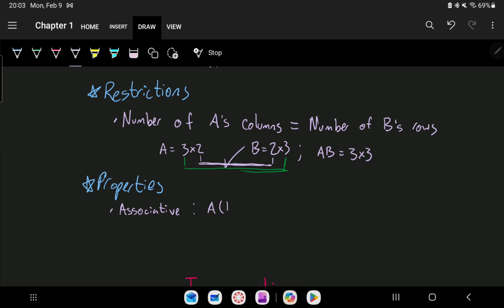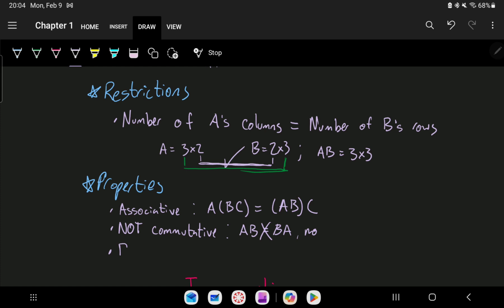So A times B times C, with all of those being some matrices, is going to be the same thing as grouping A and B together and multiplying them by C. But this is not commutative. Not inherently. There are some matrices that can commute, but in general, it is not true to say that AB equals BA. Not true. No.